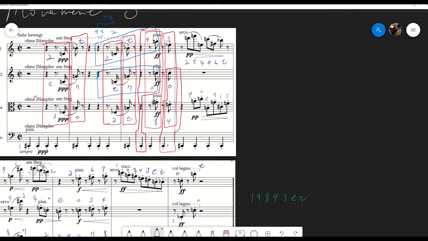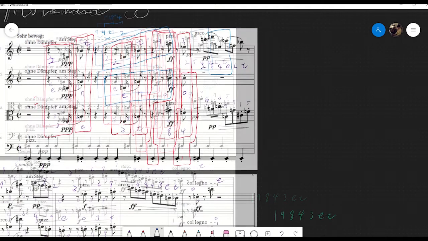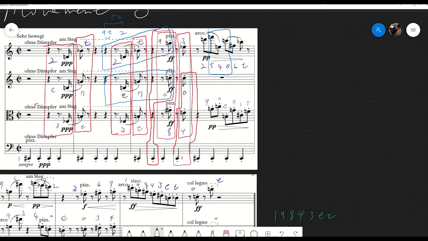Now let's take a look at this one. We can see that this will create a set class 3-4 because we have 5, 0, 4, 5. We have a 5 here and 1 here. This is another example of 3-4 because we have this perfect fourth. I'll just use the interval as an integer, so 5, 1.